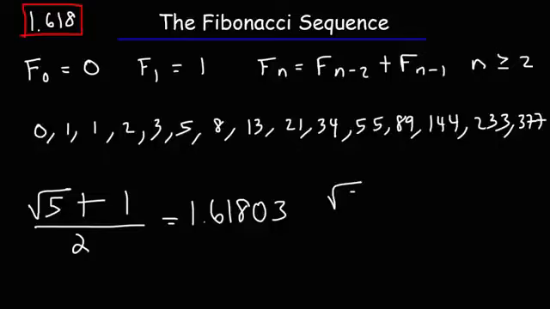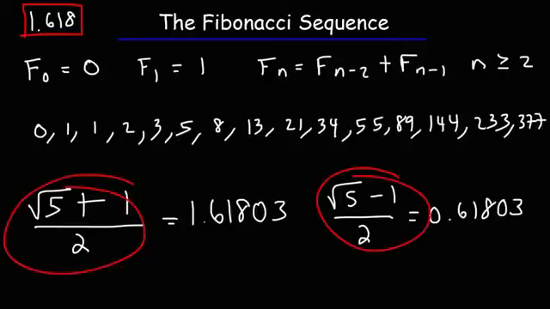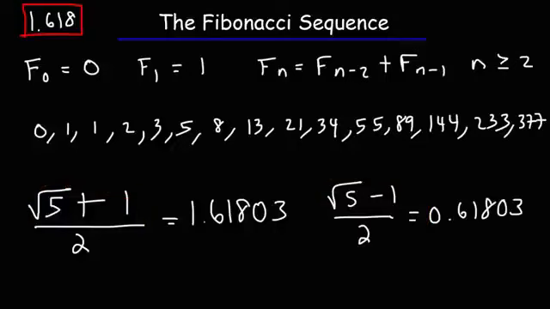And if you take the square root of 5 minus 1 and divide by 2, you're going to get 0.61803398887. Later in this video, I'm going to talk about how you can actually get those exact values. But that's where the numbers come from. So that's the exact value of the golden ratio.